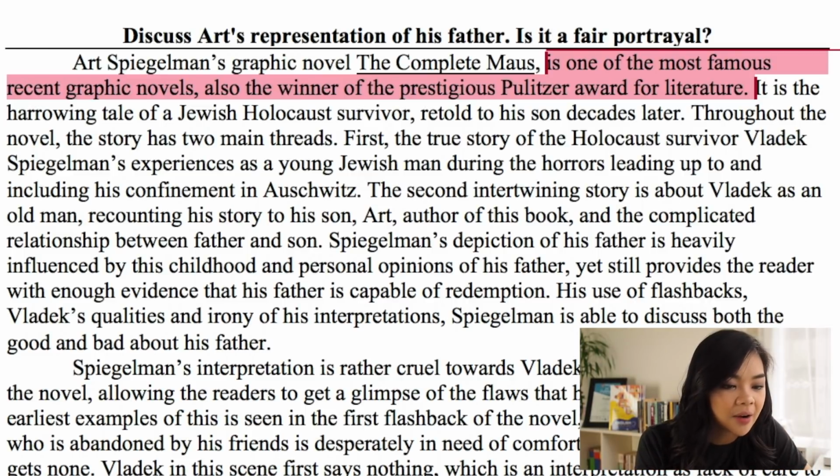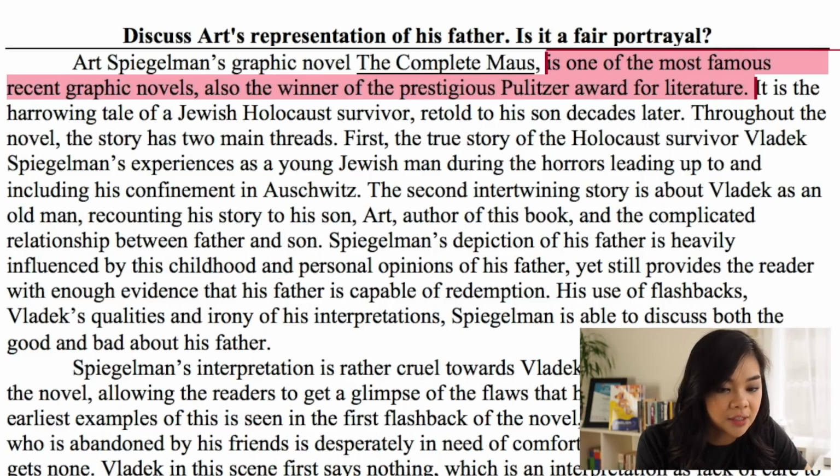Okay, so it is the harrowing tale of a Jewish Holocaust survivor retold to his son decades later. Throughout the novel, the story has two main threads. First, the true story of the Holocaust survivor Vladek Spiegelman's experiences as a young Jewish man during the horrors leading up to and including his confinement in Auschwitz.